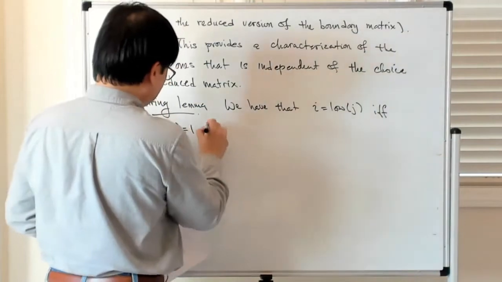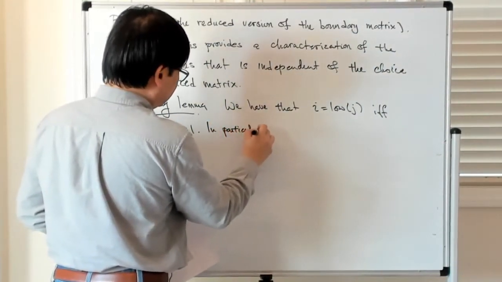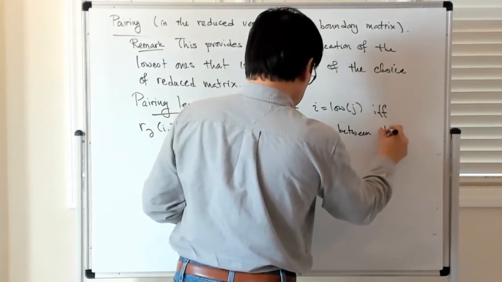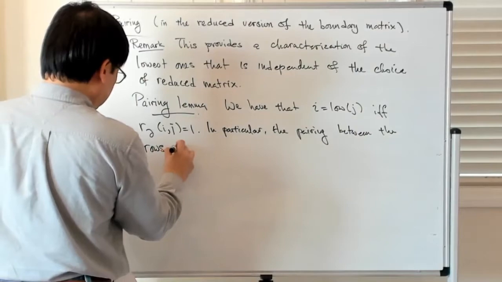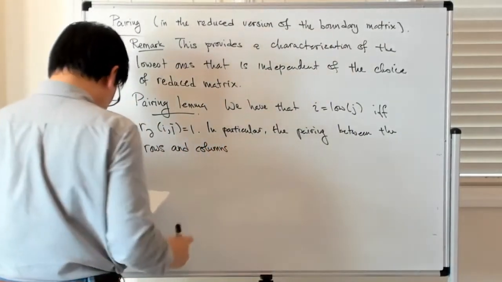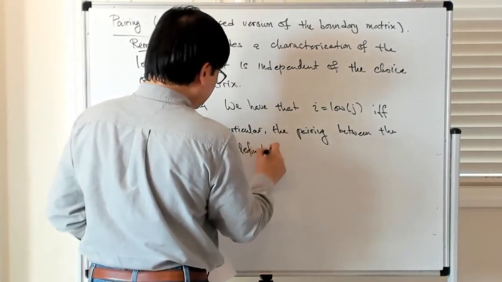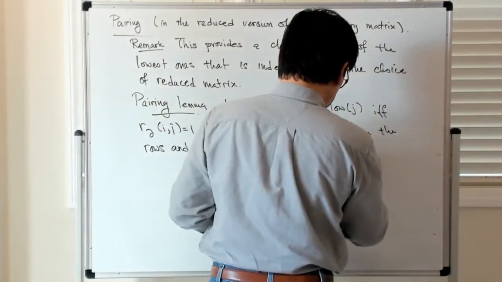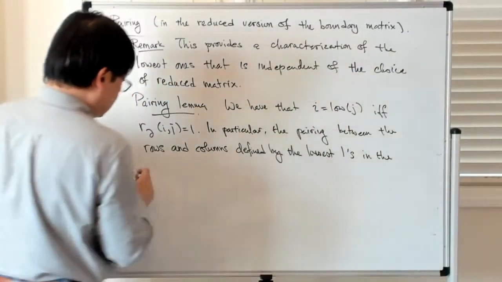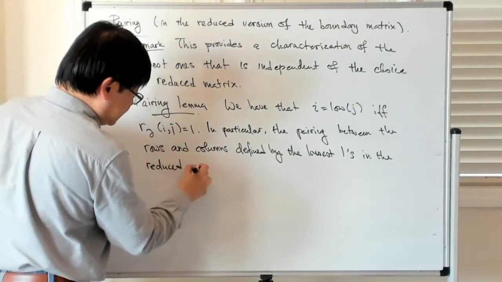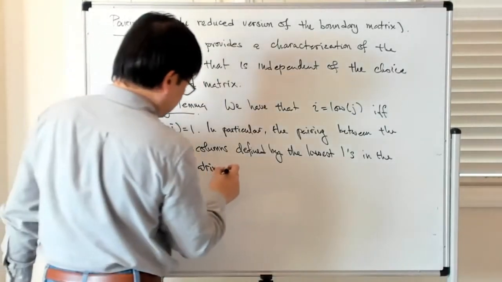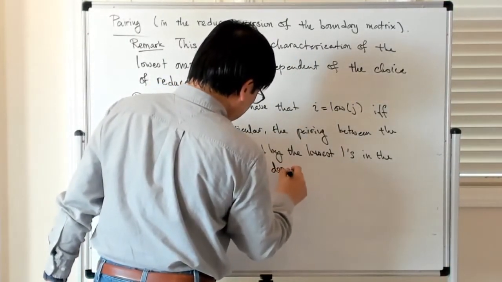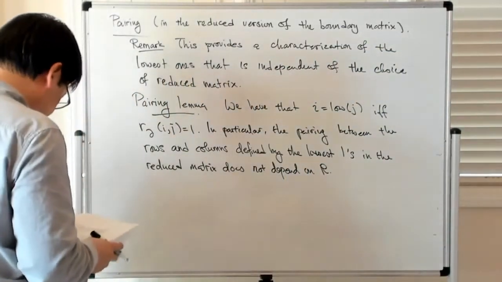So in particular, the pairing between the rows and columns defined by the lowest ones in the reduced matrix doesn't actually depend on R. It actually just depends on the original boundary matrix. Okay. All right.